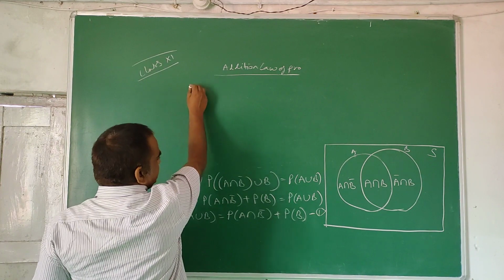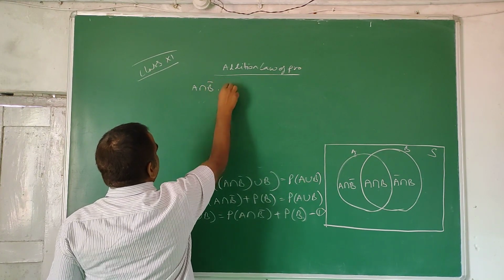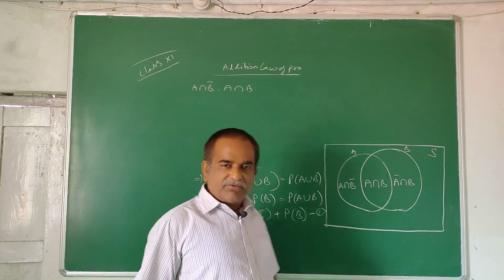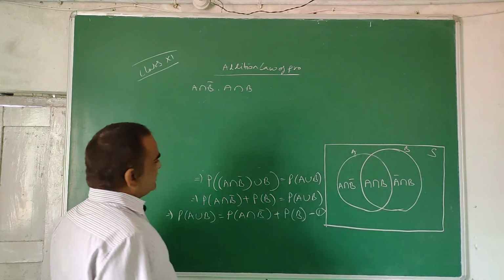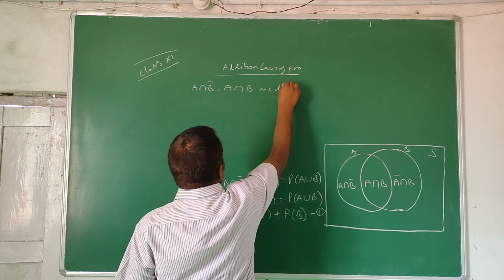Now again, see A intersection B complement and A intersection B. You see in the diagram, I am doing this proof strictly basing on the diagram. A intersection B complement and A intersection B are disjoint events again.